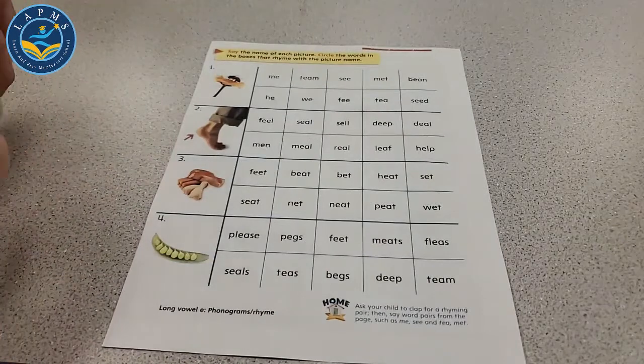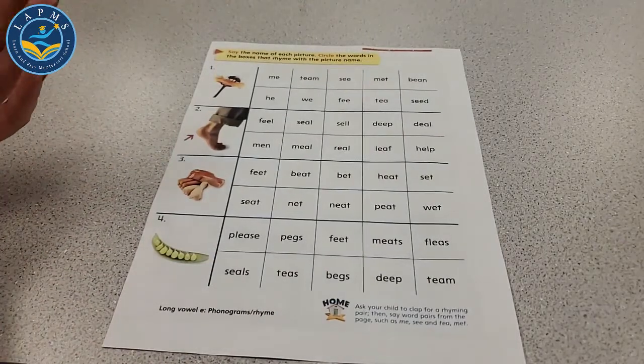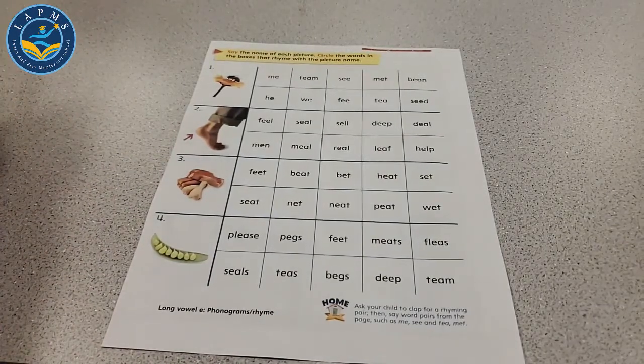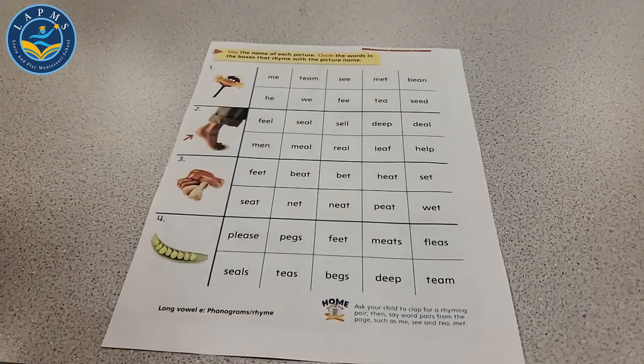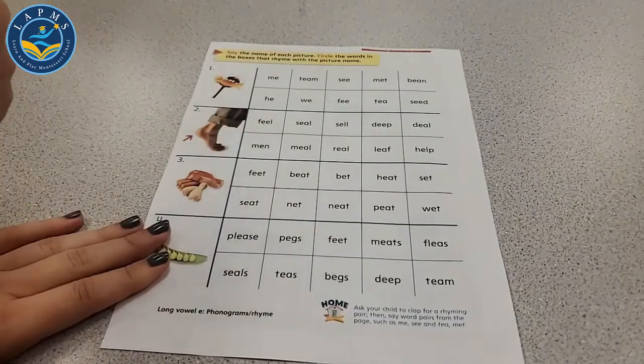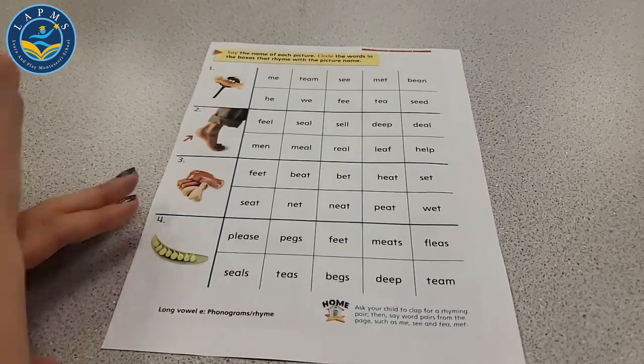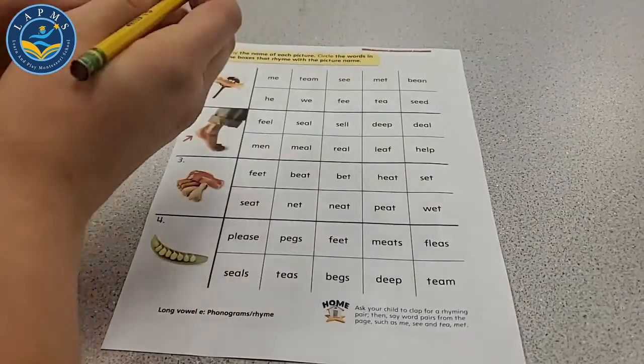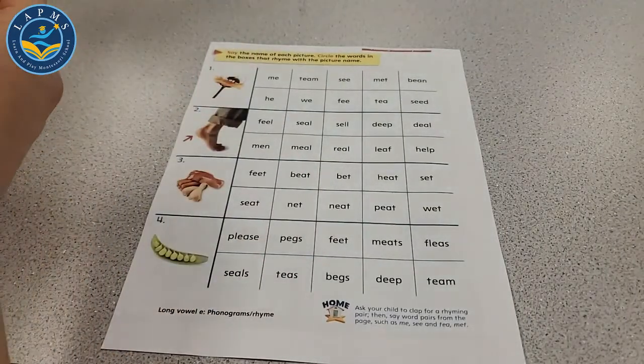Say the names of each picture. Circle the words in the box that rhyme with the picture name. Some more rhyming words. Cool. Okay, so we know this is a picture of a bee. So let's say bee and then the word and see if it rhymes.